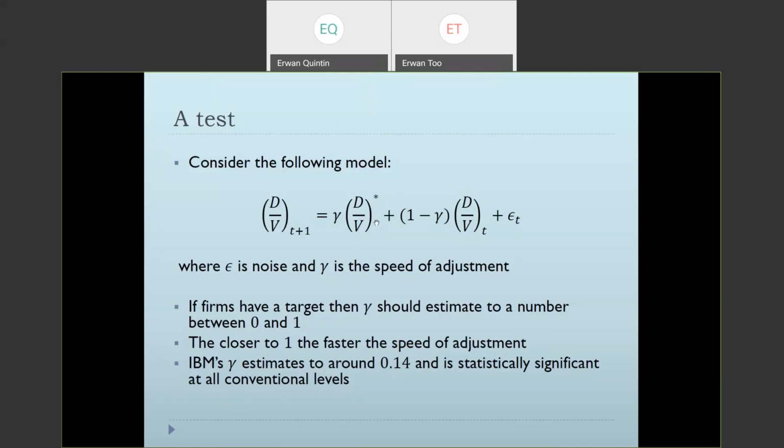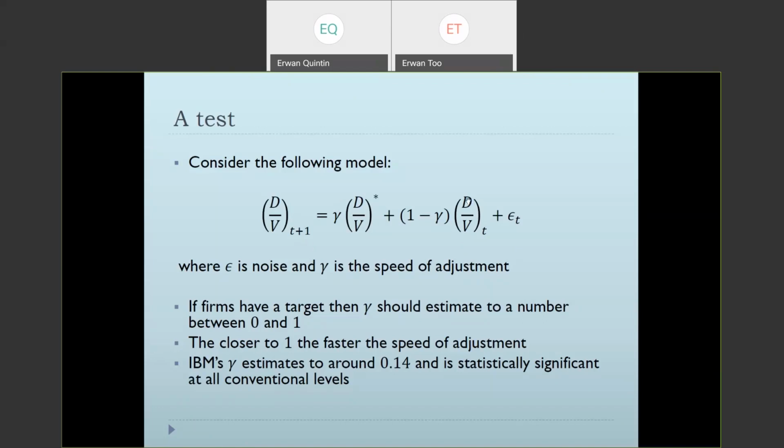So here, what this model is saying is that the leverage ratio in a particular period should be a weighted average of where I was in the most recent period, where I was having momentum, and where I want to be. So gamma here, this parameter, is going to be the weight that I put on my target, whereas 1 minus gamma is going to be the weight of momentum.